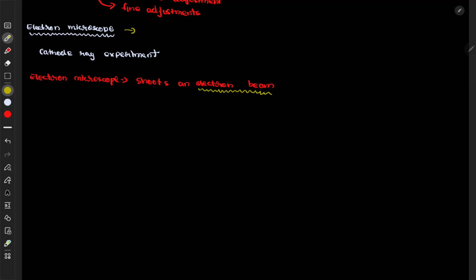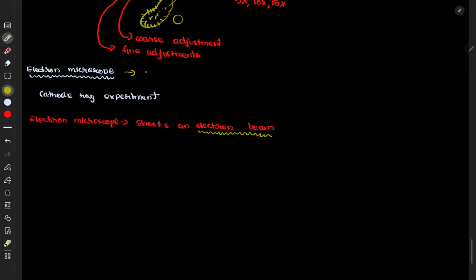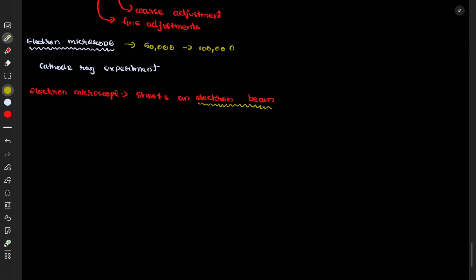An electron microscope can have a magnification that ranges a lot. It can start from 50,000, then it can go to 100,000 and all of that. Basically, it uses an electron beam and detectors so that it can find out.